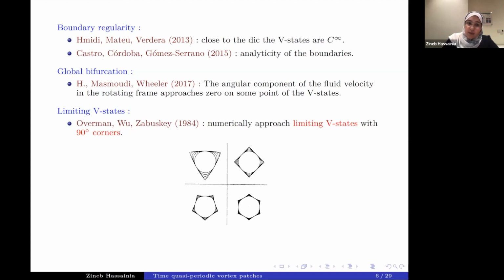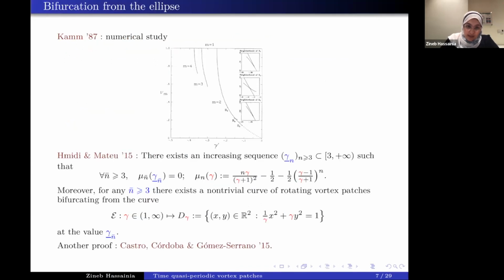And this is consistent with the conjecture of Overman, Wu, and Zabusky, though of course it doesn't completely answer it, where they claimed, based on numerical simulation, that on the limiting V-states, at the end of the branches, the V-states are going to develop angles with 90 degrees angles. So this was the bifurcation from the disk.